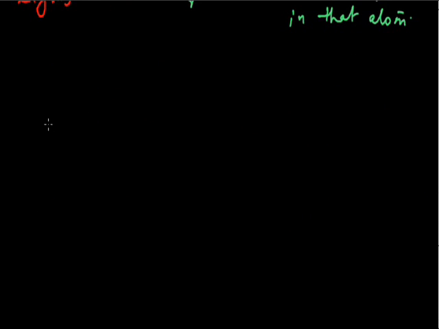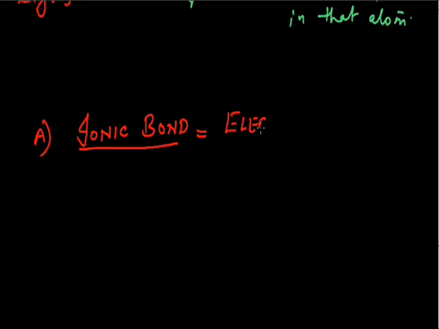Let us now discuss some of the chemical bonds. The first bond which we have to discuss is ionic bond. Ionic bond, it is also termed as electrovalent bond.